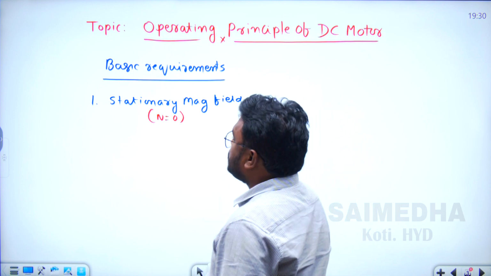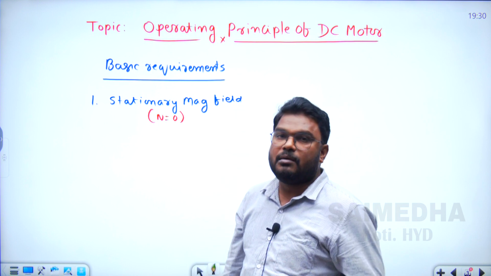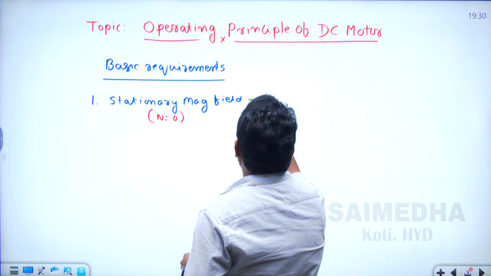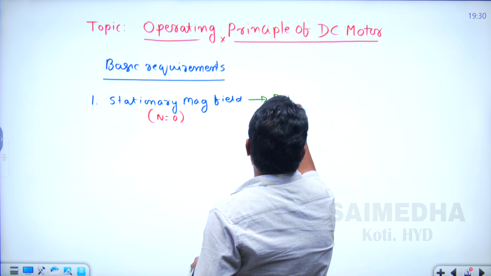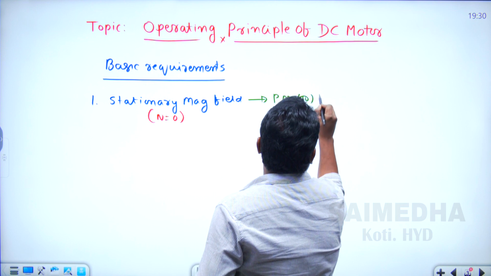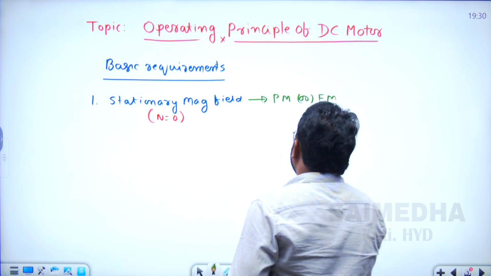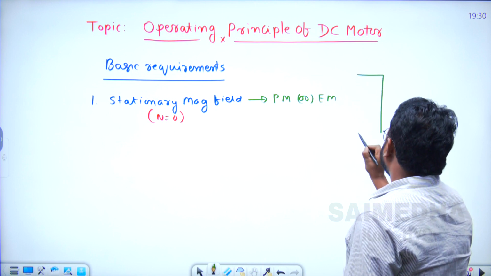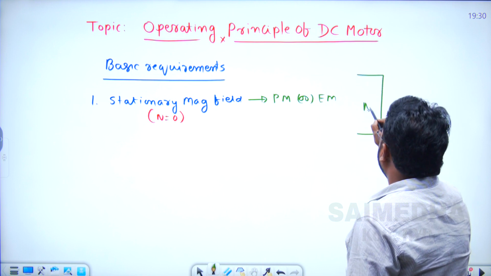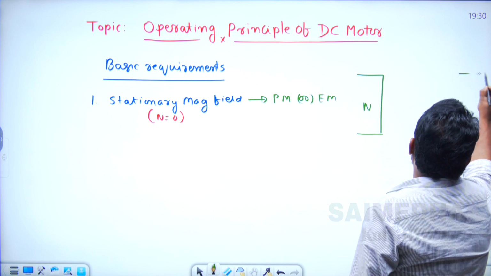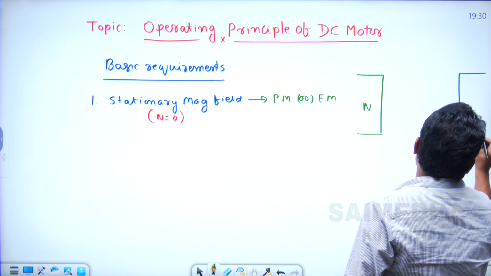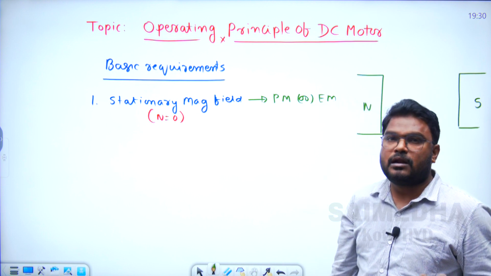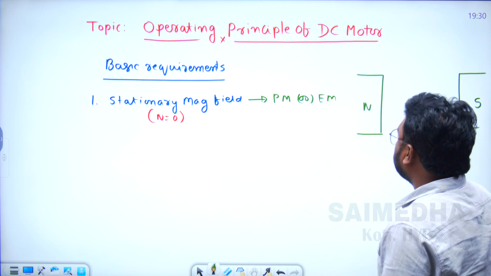Now we have a question: how do we develop the stationary magnetic field? It can be obtained by using permanent magnets or electromagnets. For example, let us take one pole, the north pole, and on the other side the south pole. Always, flux lines pass from the north pole to the south pole.